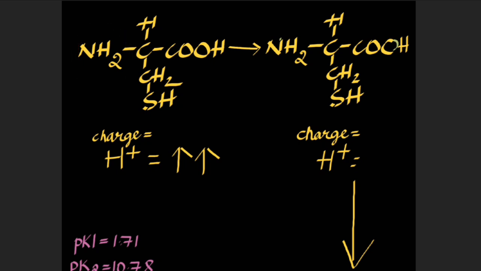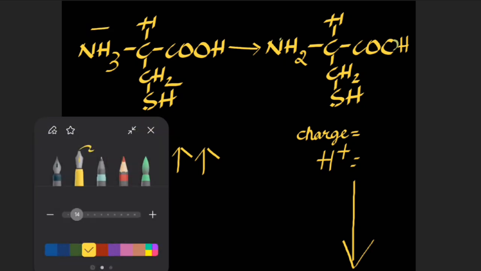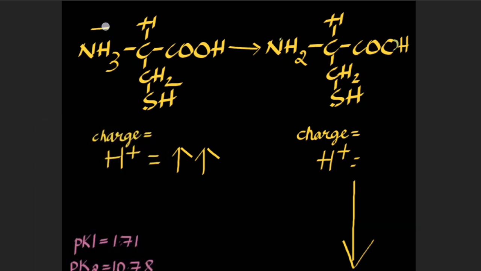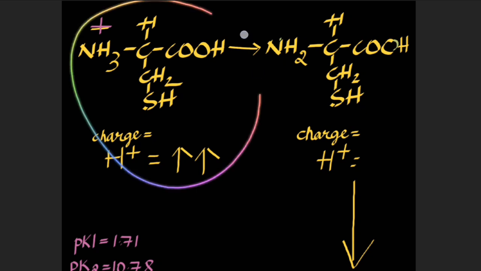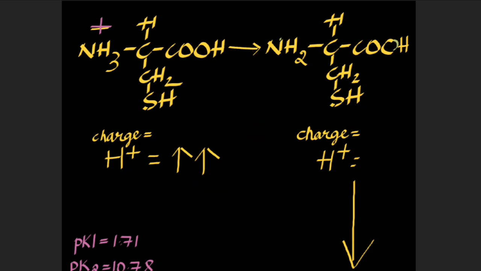So this is going to gain one hydrogen ion, and then it's going to become NH3, and it's going to gain a positive charge. I'm going to draw it with pink. So now the charge of this particular molecule will be +1, right?